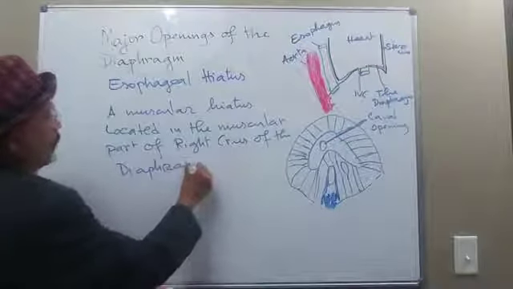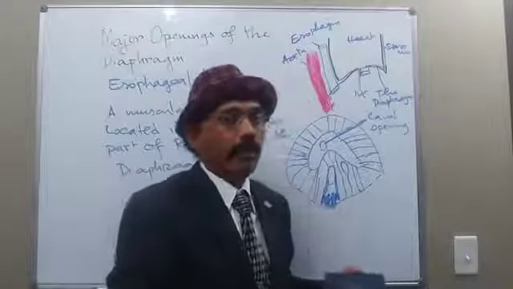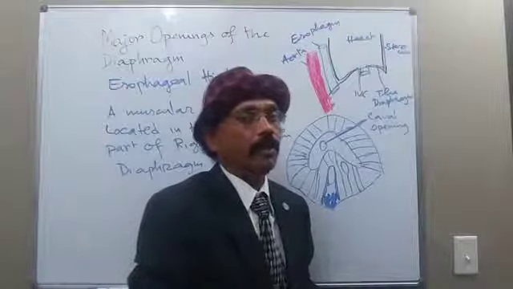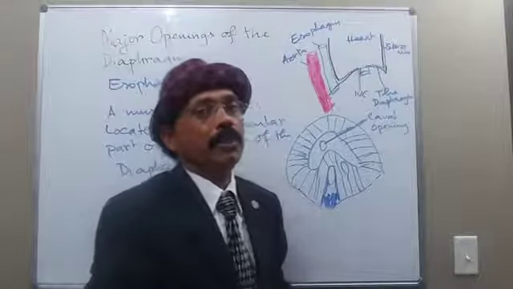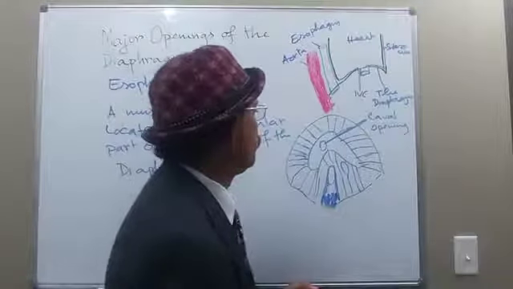So it is not in the left crus in most situations. Only in a few situations it may have some fibers from the left crus, but it is mostly a structure inside the right crus of the diaphragm.